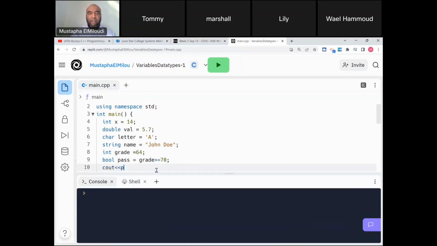So if I print pass, it's going to print false because that's the value of the variable pass at this time. Oh, but they print 0. 0 is the same thing as false, and 1 is the same thing as true. For example, if I put here 94, it's going to change to 1, which is exactly the same thing as true.